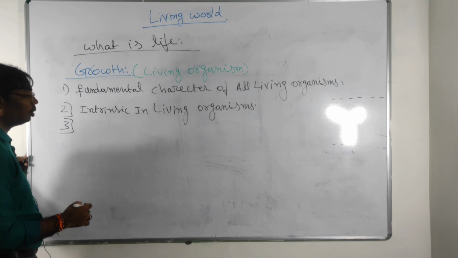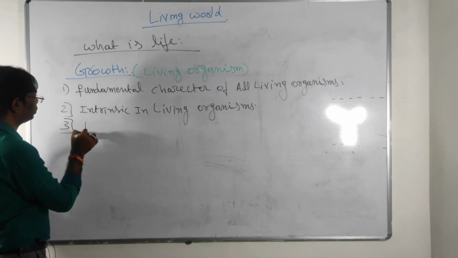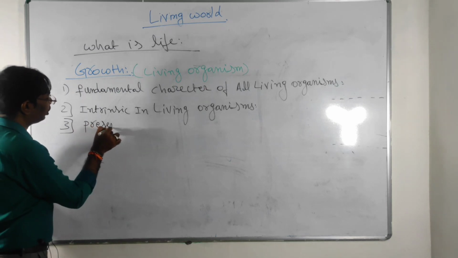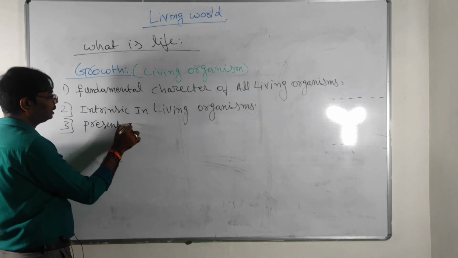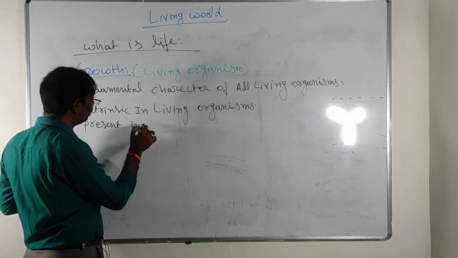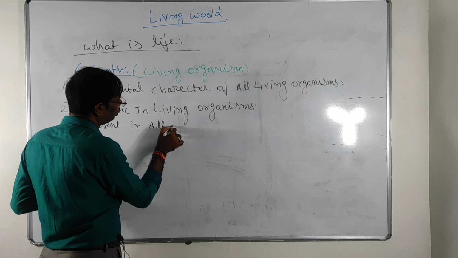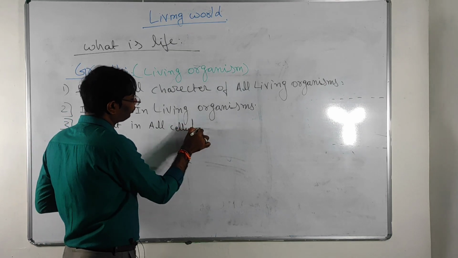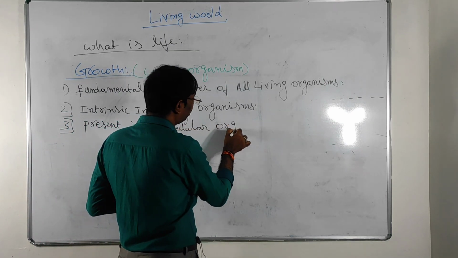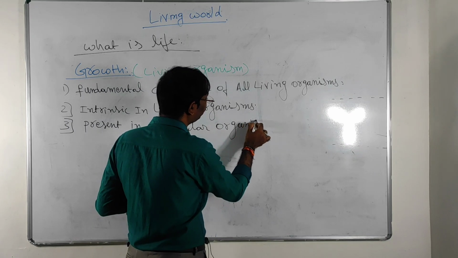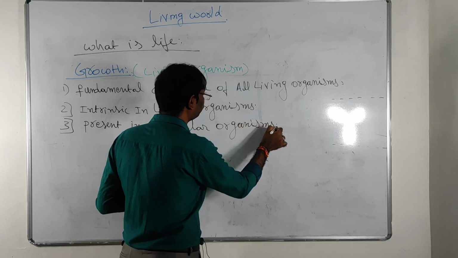Growth is present in all cellular organisms. So this is another important property, intrinsic growth present in all cellular organisms. All the cellular organisms show growth, that is the intrinsic growth.